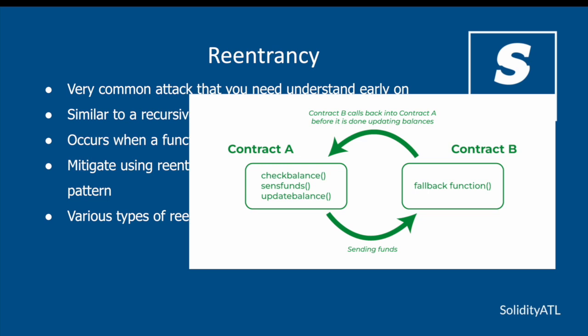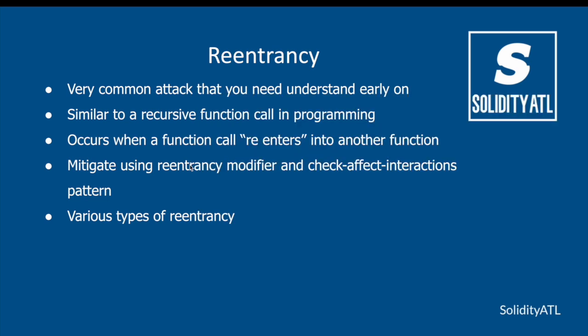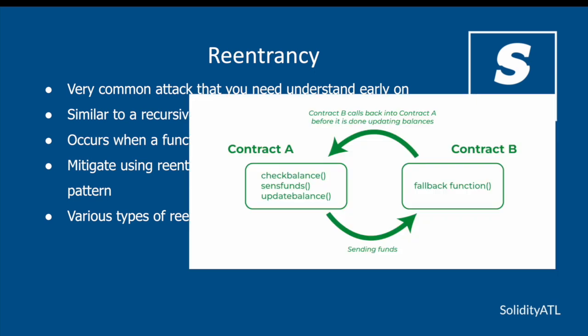But that's the best way to look at a reentrancy if you are a Web2 developer and you're familiar with a recursive call or calling back into a function. Just some more semantics. It's called a reentrancy attack. I think of it as a function re-enters back into the original calling contract.